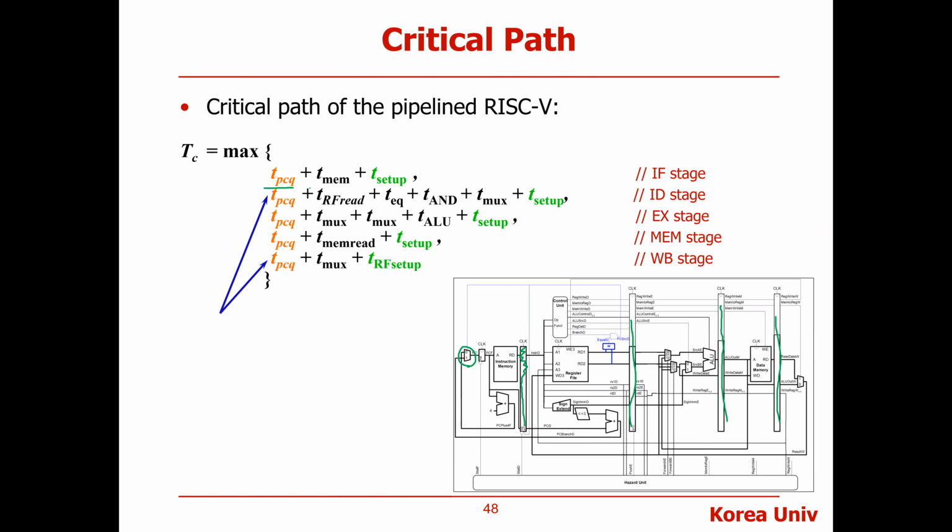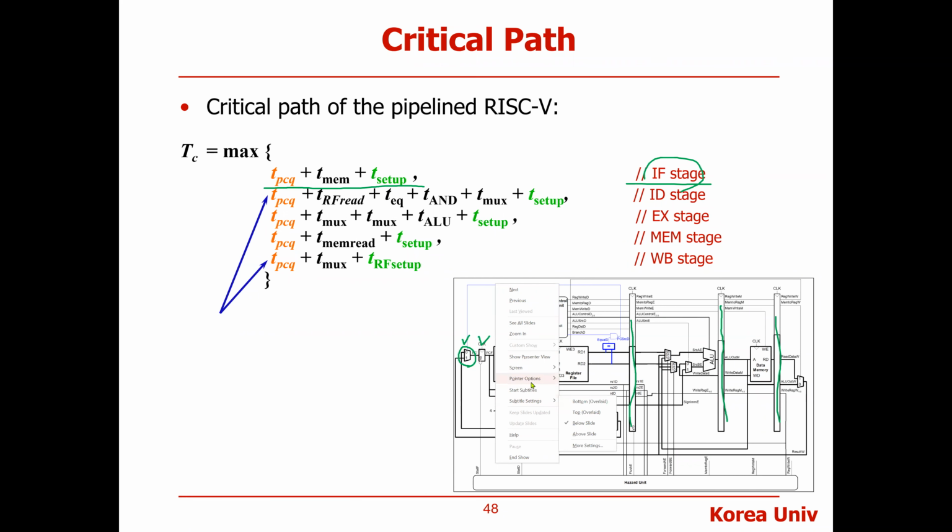This is the one. This is the delay equation of the instruction fetch stage. Starting from the PC, the program counter in the fetch stage. Sorry, this is not the one. Multiplexer, sorry, this is the one. Let me remove it. We have an eraser here.